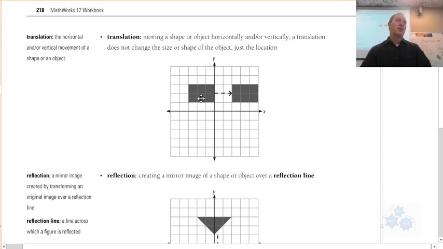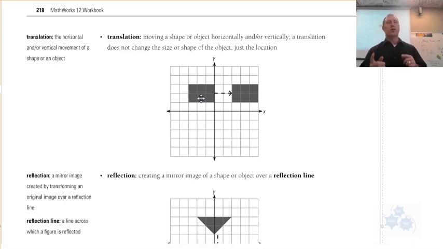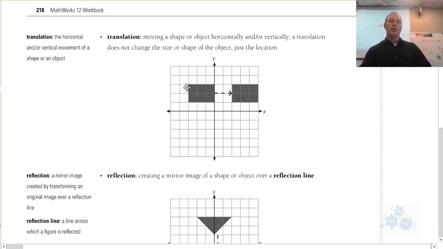It's translate. If you have a message in one language and you want to translate it to another language, you're simply moving it from one language directly over to another. You're saying the exact same thing, just in different words. The same message is just moved.